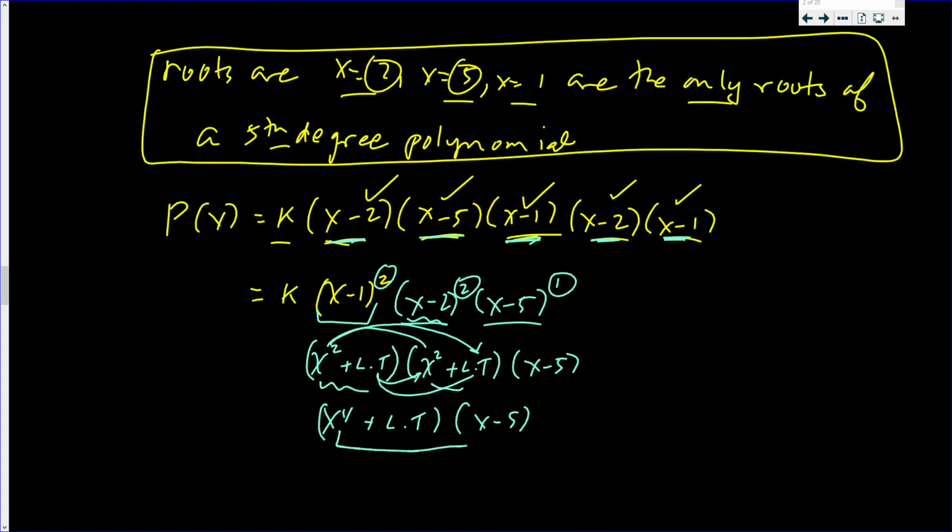When you multiply x to the 4th by x, you're going to get x to the 5th. And when you multiply x to the 4th times 5, you'll get minus 5x to the 4th, lower than x to the 5th. And when you multiply lower terms, that is, if this is to the 4th, the lower terms are cubed and squared, etc. When you multiply them by x, you won't get anything higher than x to the 4th.